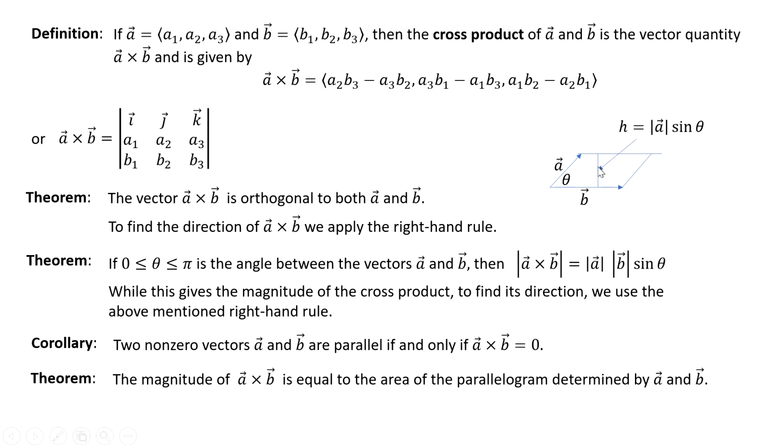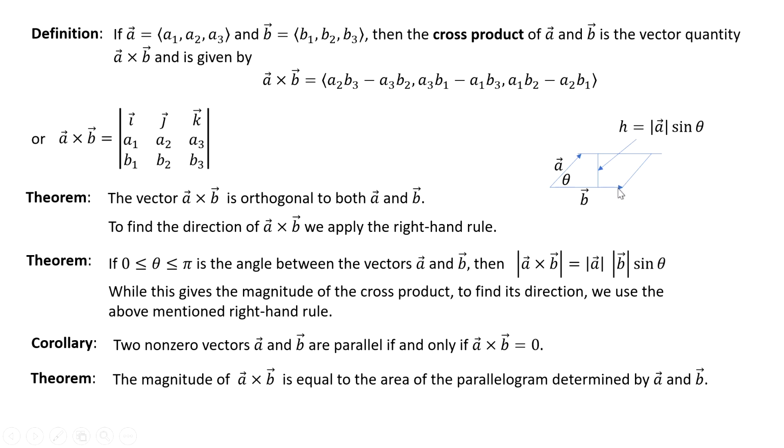Why do we need this h? Well, recall the formula for the area of a parallelogram: base times height. How do you measure the height? By drawing a perpendicular to the base.